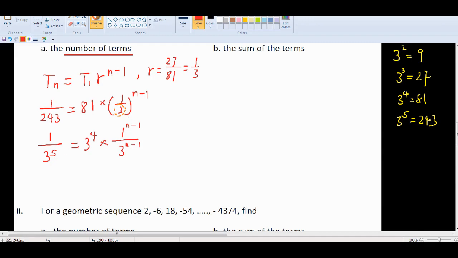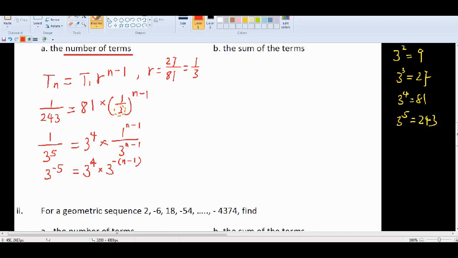Okay, so how about the things on the left hand side? If we want to write it into an index form, that's what we're going to do. 3 to the power minus 4, and here's 3 to the power 4 times, okay, that's 1 to the power something is still 1. And since that's on the denominator, we will have this one.